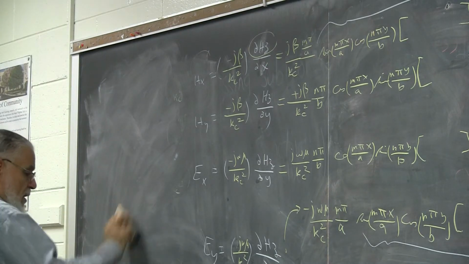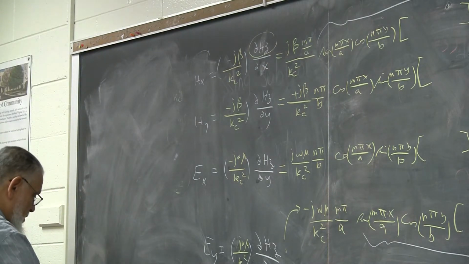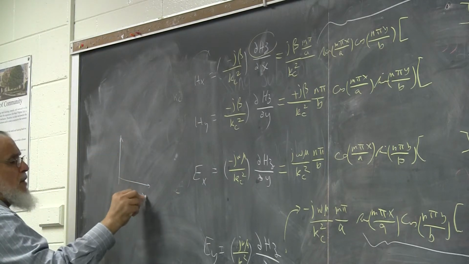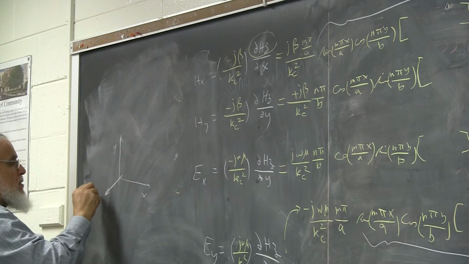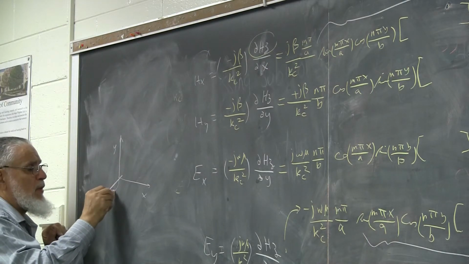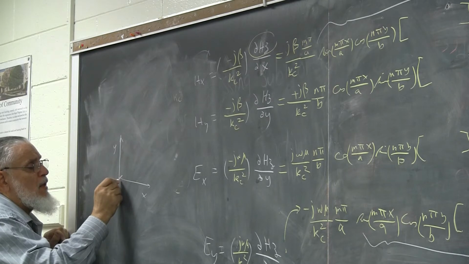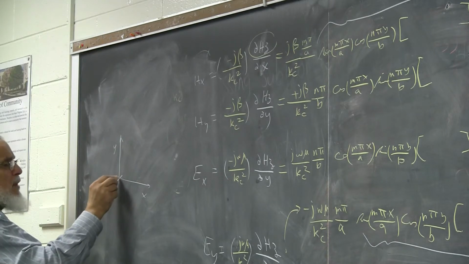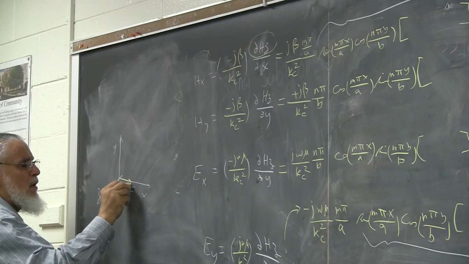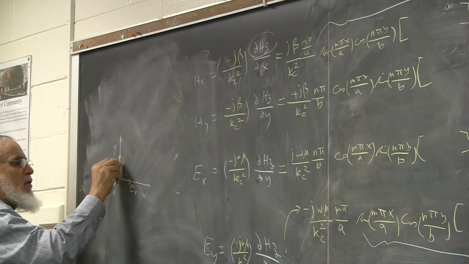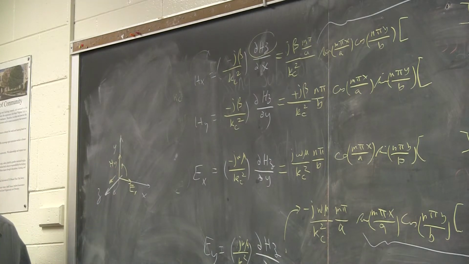Sorry, I can spare a space here. That's X, Y, and that's Z, right? So if your wave is propagating this way, let's start with the one that has a positive sign, the EX, and that's your HY, correct? That produces the right-hand system and everything is fine.